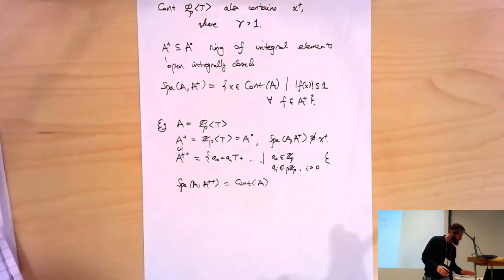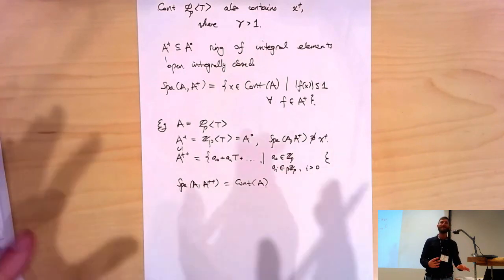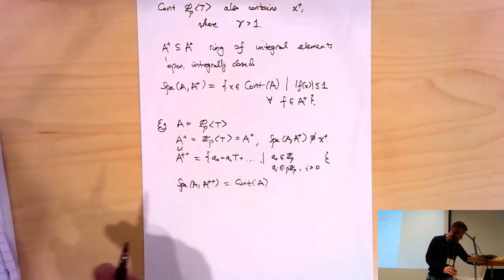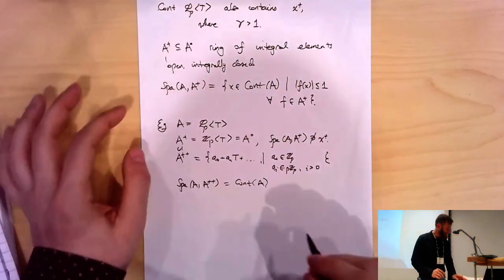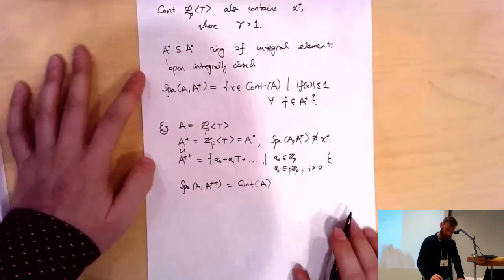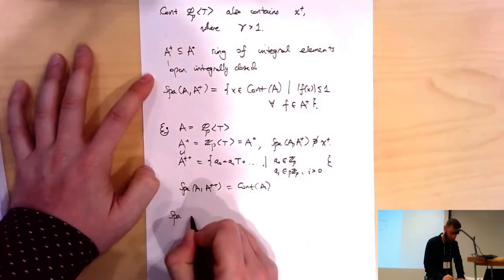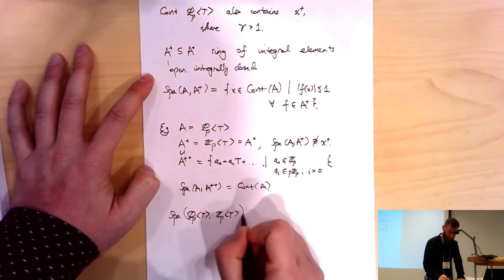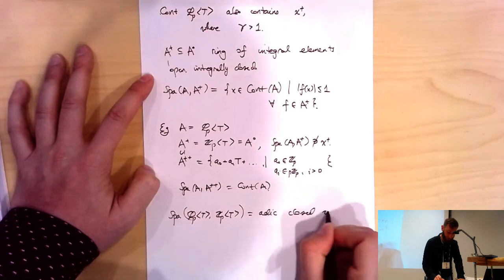So far, so good. I have no time at all. That's okay, I'll just push it into the next lecture. I'll just conclude by saying that Spa(Q_p<T>, Z_p<T>) is the adic closed unit disk.